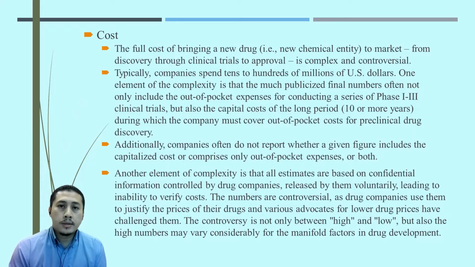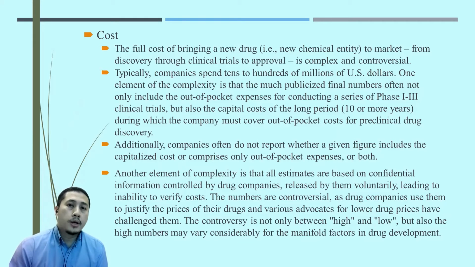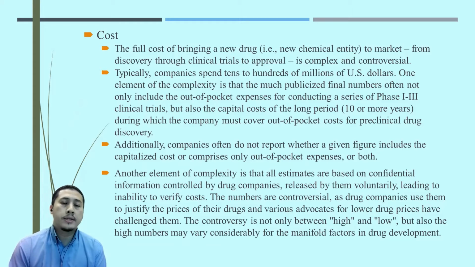Because this is about business, of course, you cannot publicize your detailed financial report to the public because it's confidential. It's the secret of the company. So normally they will just give a rough figure of the cost. And no one can check this because it's the secret of the company. That's why, if you refer to many other sources, you will see that the cost of developing a drug can range from millions to billions because of this reason.